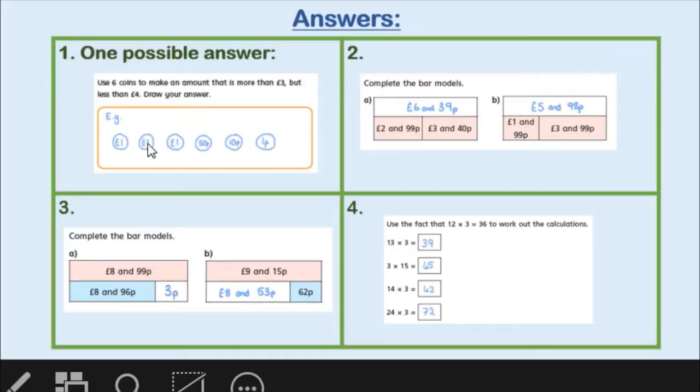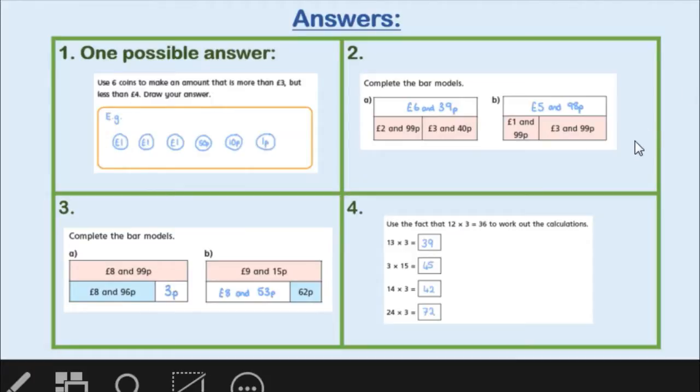So you can use 3 £1 coins to get £3. We don't want to go over £4, and I don't want it to be less than £3. You could use more of your coins to make that £3 if you wanted to. But here you'd have a 20p, a 5p, a 2p. It could be anything, as long as your total is less than £4 but more than £3, and as long as you've got 6 coins, no more or less, then it should be perfect.